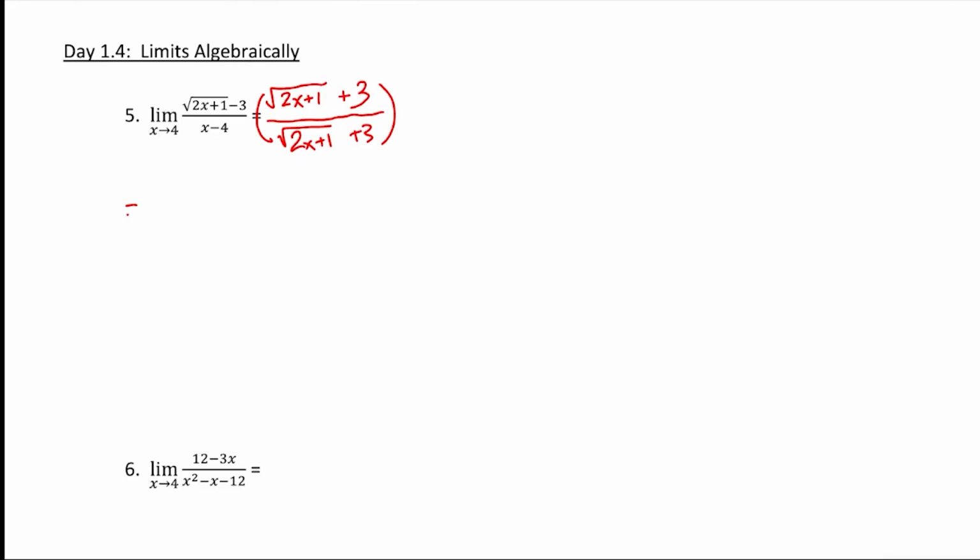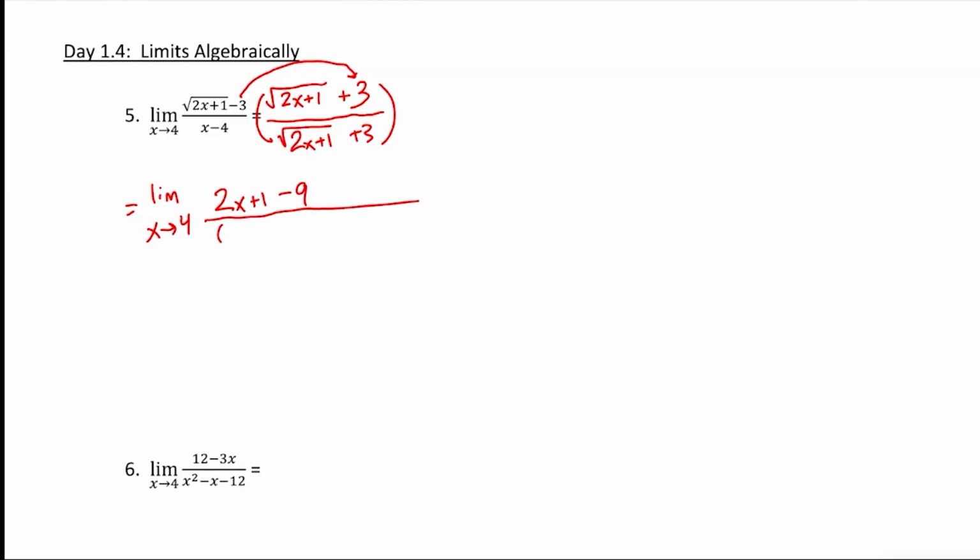Okay, so when I do that, these two square roots are going to multiply together and just leave you with 2x plus 1. When I multiply these outside terms and the inside terms, those are going to cancel each other out because you're going to have 3 times the root minus 3 times the root, and that'll just be 0. And so the last multiplication to do is this negative 3 times 3, which would be negative 9.